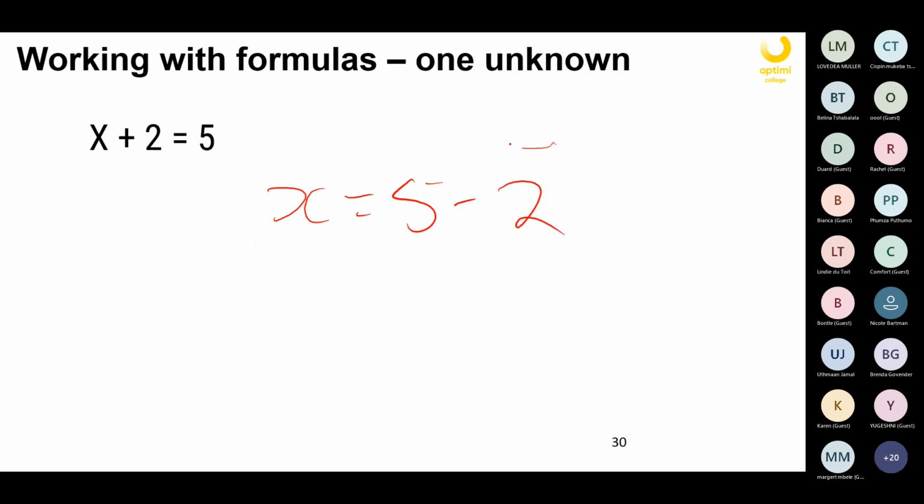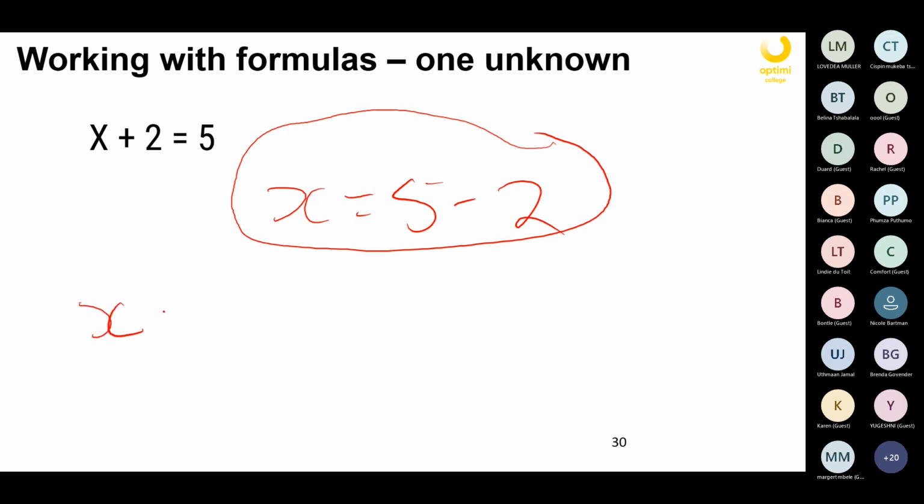That is easy to understand, but I want you to get the principle here. The principle is we wanted to get the x alone on the one side, which means we basically said x plus 2 minus 2 equals 5 minus 2.